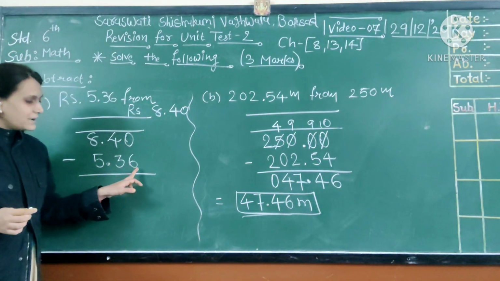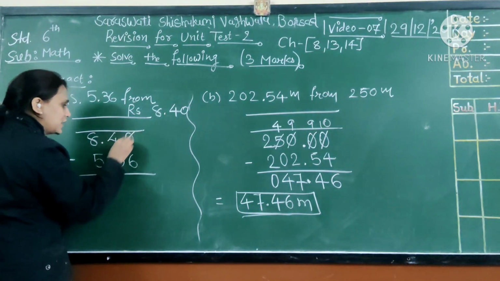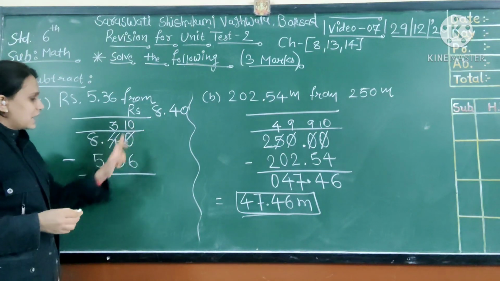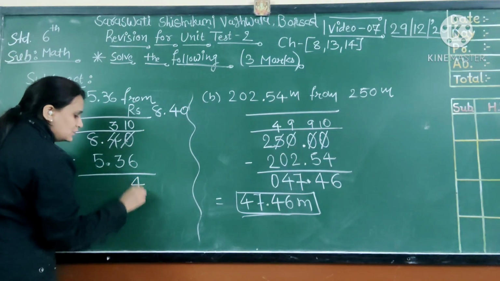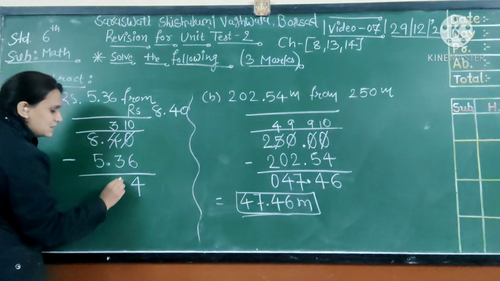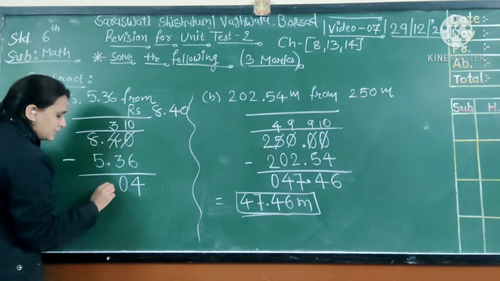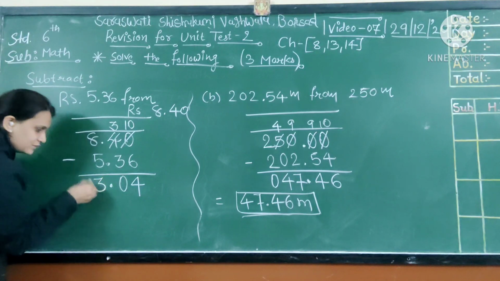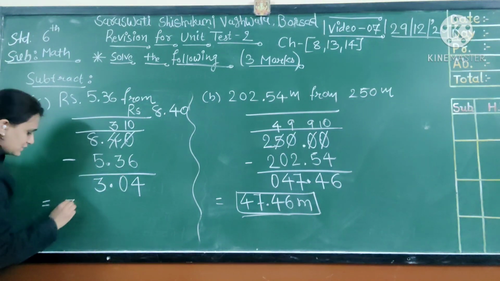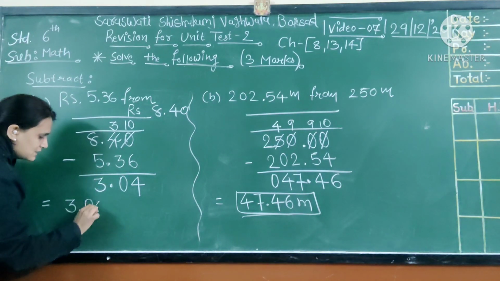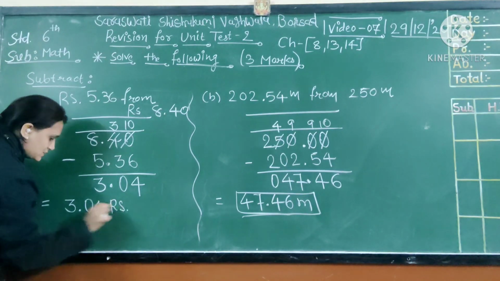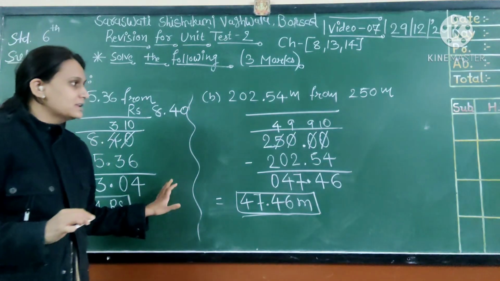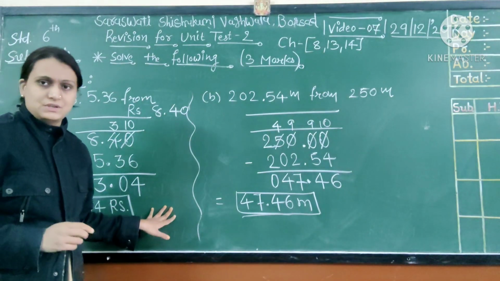Now we cannot subtract 6 from 0, so we have to take borrow. So here 10 and here 3. So 10 minus 6 equals 4. 3 minus 3 equals 0. Then the decimal will be as it is, and 8 minus 5 equals 3. So after subtraction, we get 3.04 rupees. This way we can simplify the decimal subtraction.